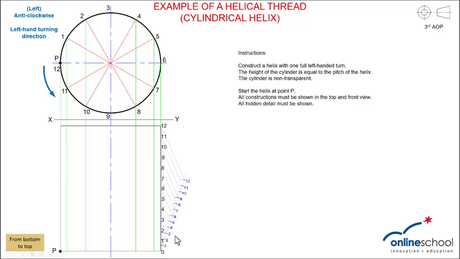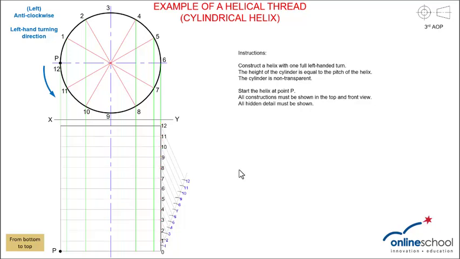Once I've drawn all of these parallel lines, they have now divided the vertical right edge of my cylinder into 12 equal segments, and I'm going to number each one of these circles as number 1, 2, 3 all the way up to 12.